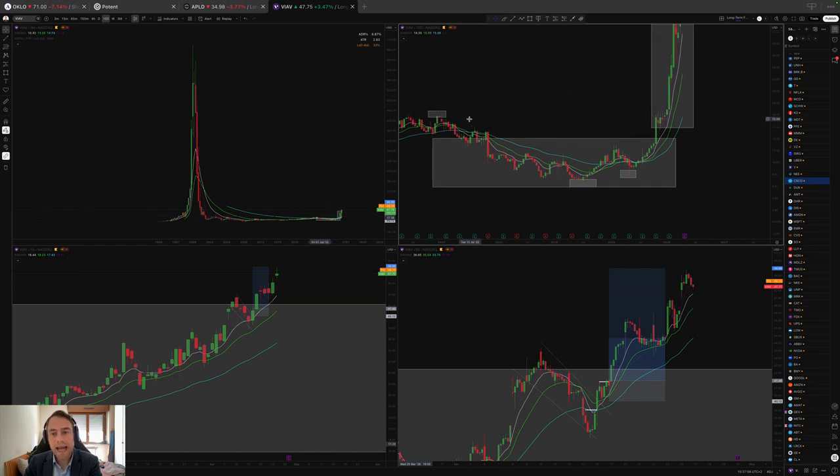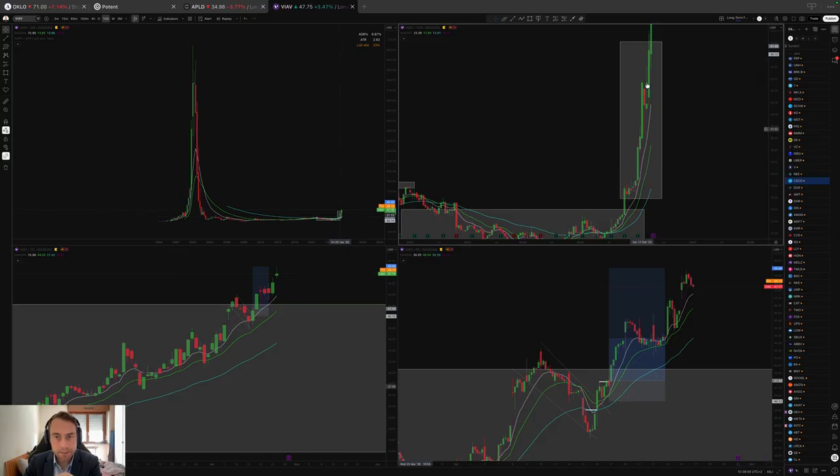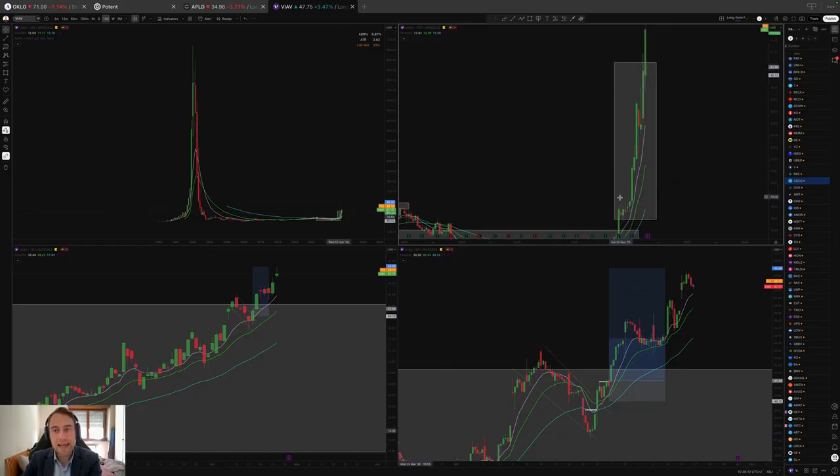So everything you need to know is spotting accumulation and spotting markup or markdown. That is the delivery, and you want to trade when price is delivering.